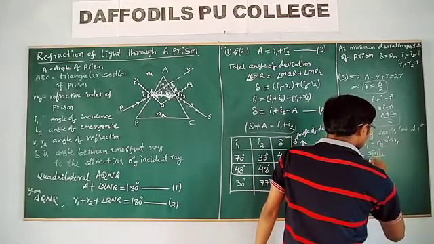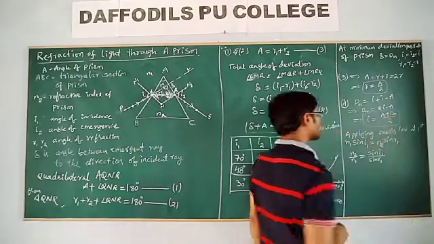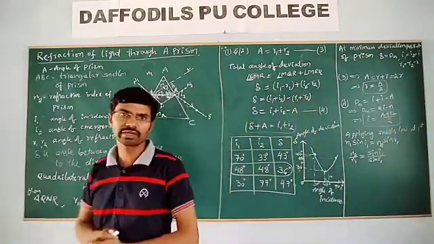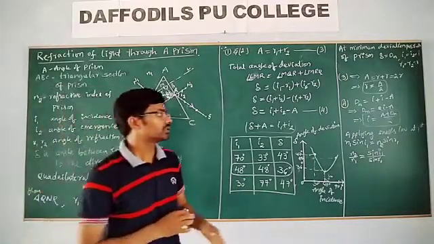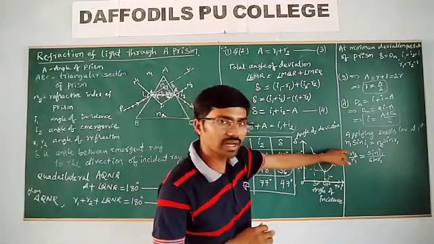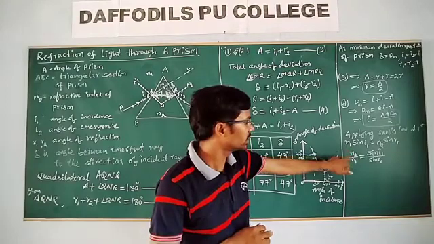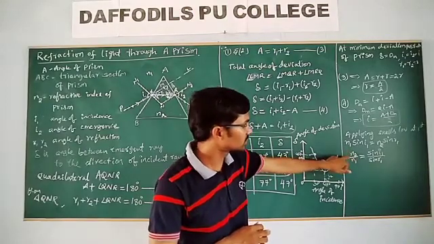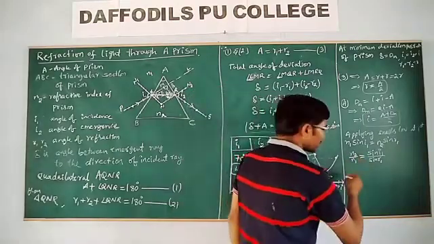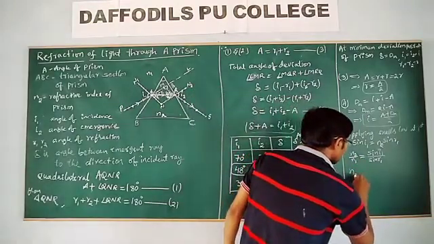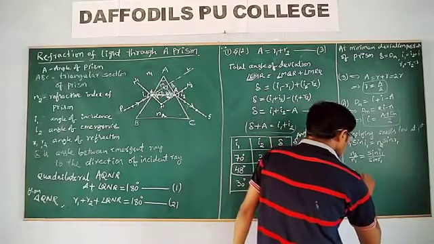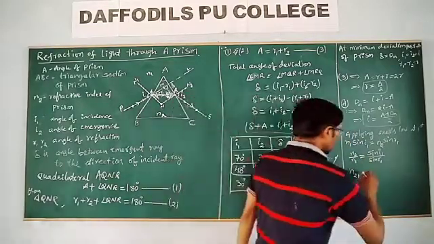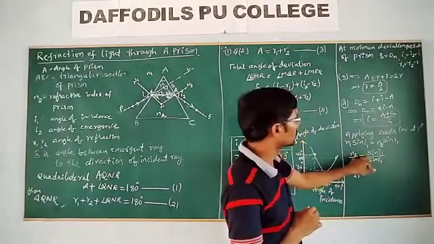Now n2 by n1 is called the relative refractive index, which is the ratio of the refractive index of the second medium to the refractive index of the first medium. This is also called the refractive index of the second medium with respect to the first medium, n21, which is equal to sin i1 by sin r1.